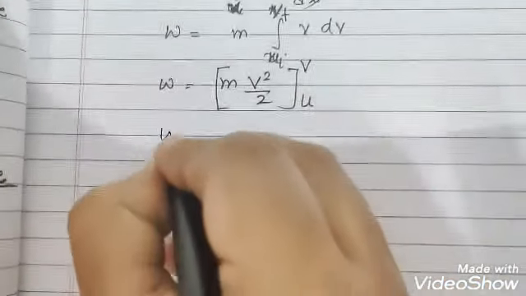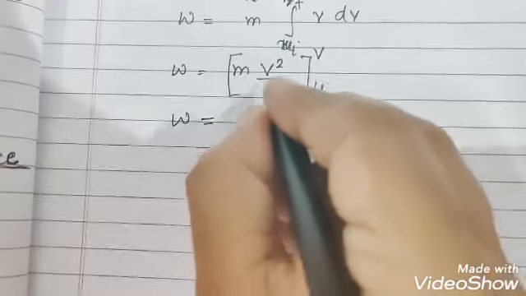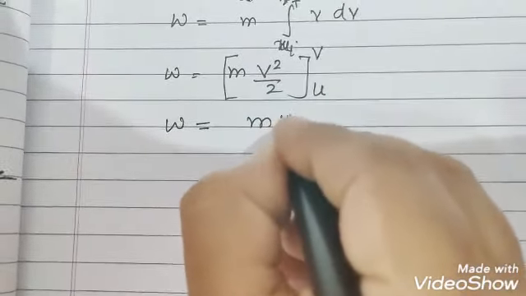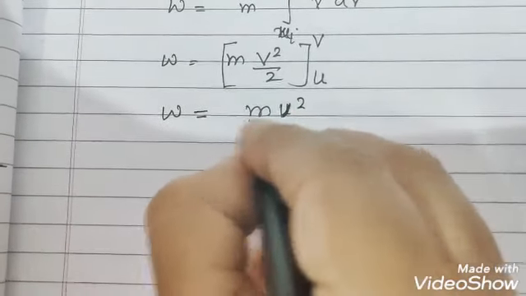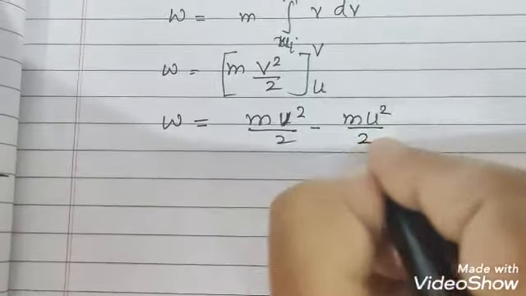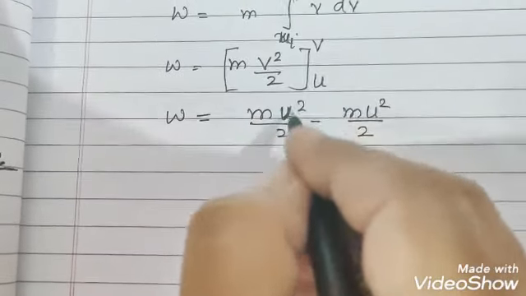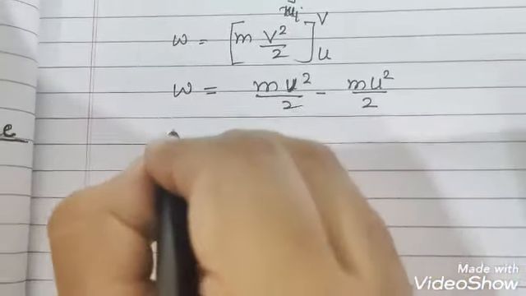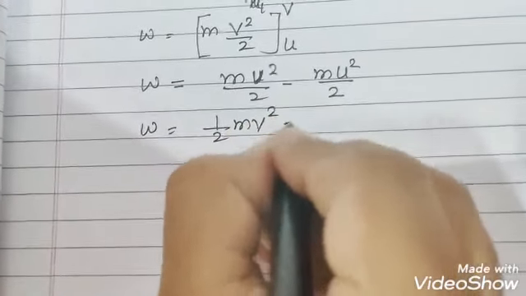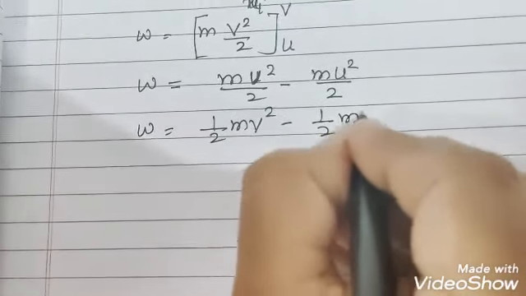So here the work done W is equal to m, and in place of v we can write the final velocity, that is v square upon 2, minus m u square upon 2. So the final velocity and the initial velocity, or we can write, this is half m v square and this is half m u square.